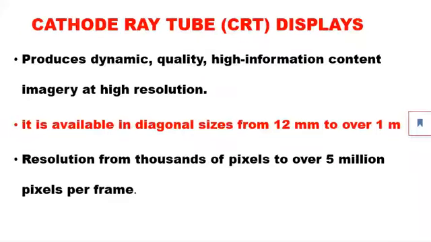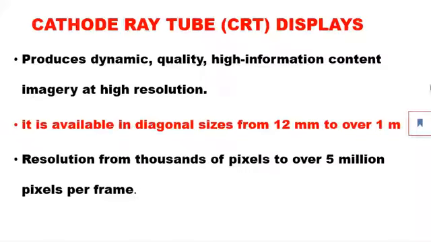Today we are going to be looking at cathode ray tube displays, which we call CRTs. As we all know, cathode ray tubes have been in existence for a very long time, though they are being replaced by flat screens, in oscilloscopes, in television, in computer screens.